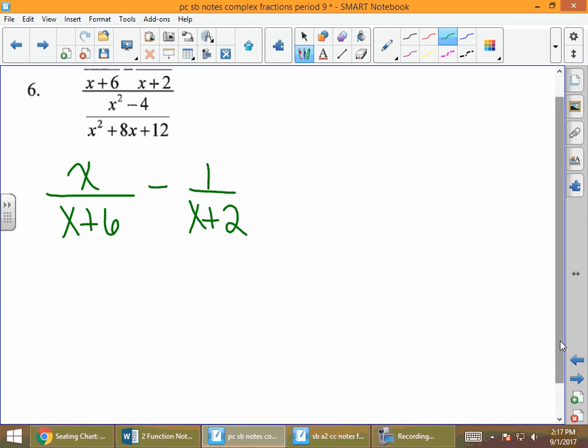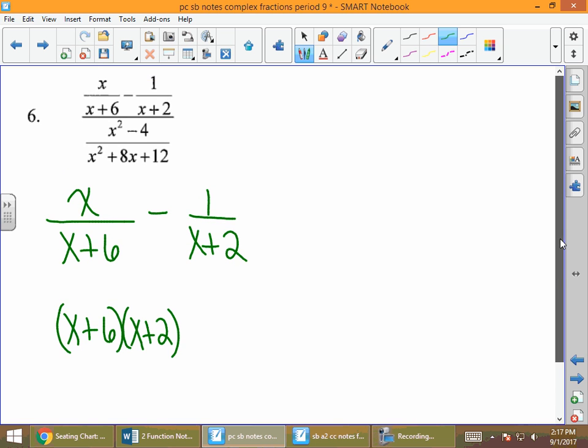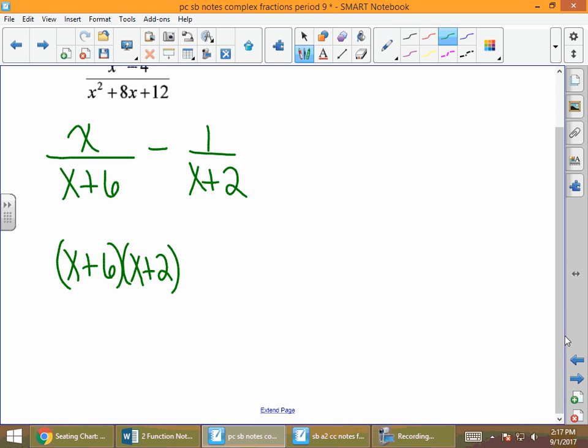So as we take a look at this, the common denominator is going to be x plus 6 times x plus 2. We are going to subtract.